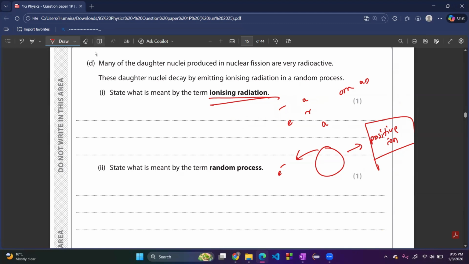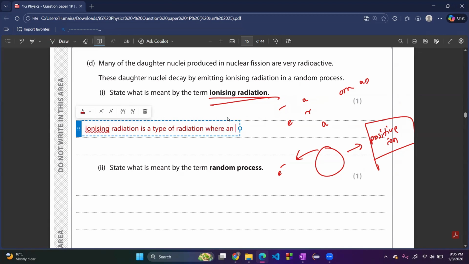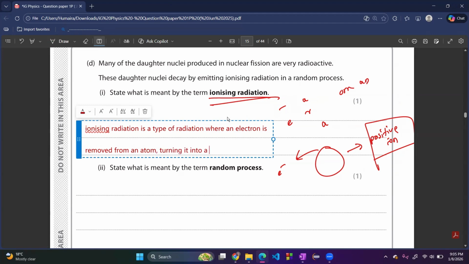We can write that ionizing radiation is a type of radiation where an electron is removed from an atom, turning it into a positive ion.